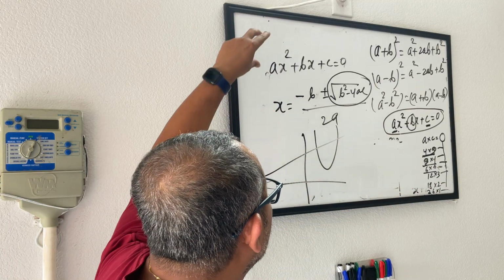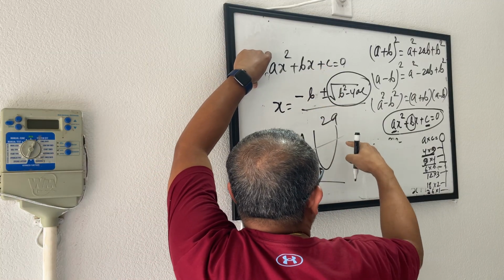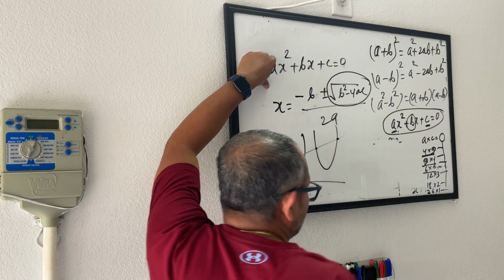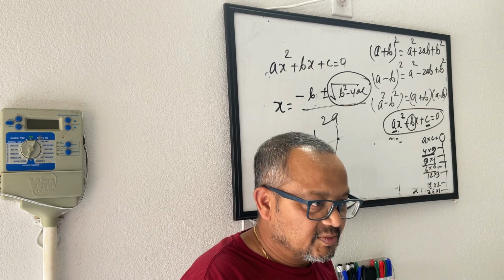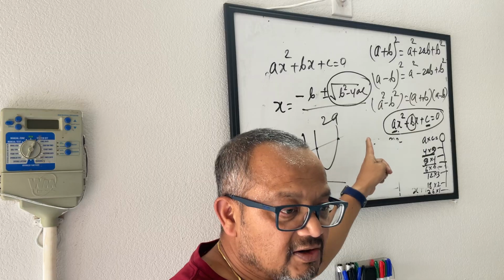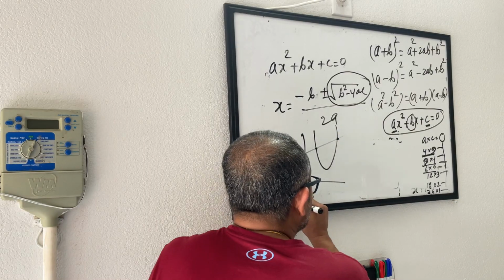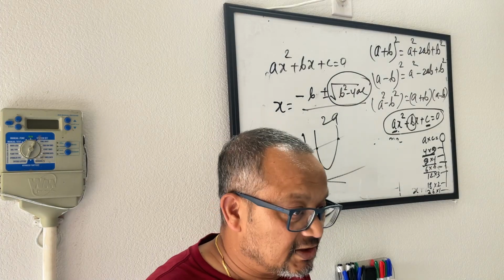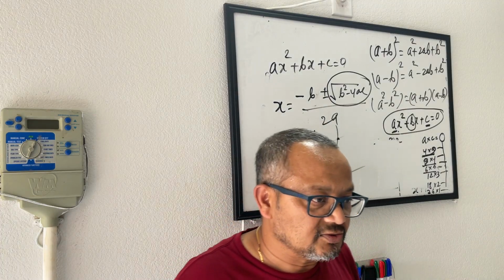If you have to solve for x with 2 equations, one is a linear equation and one is a quadratic equation, the maximum number of solutions you can get is 2, where your line intersects the parabola. Meaning there will be 2 values of x which will satisfy the condition for the parabola also. Or there could be a situation where the line will not even touch it. There is no solution. So we'll deal with all those different possibilities in the class tomorrow.